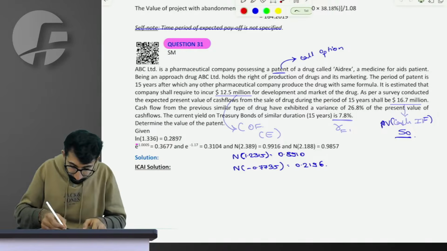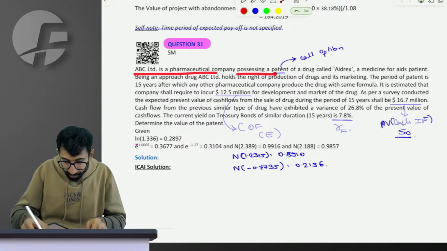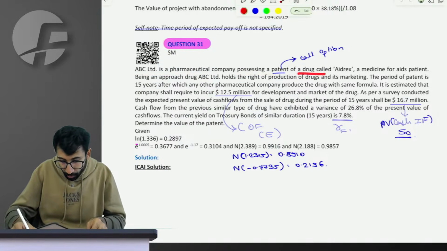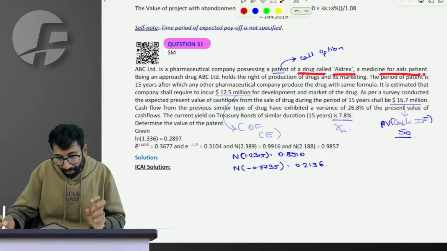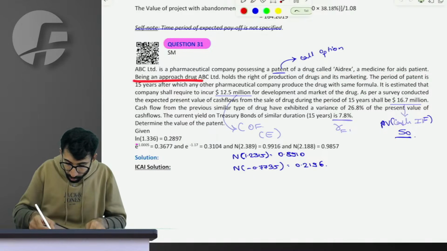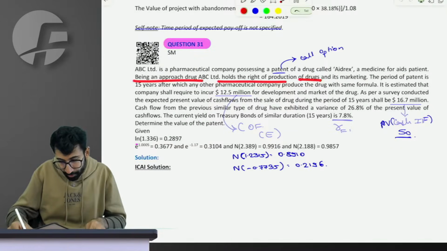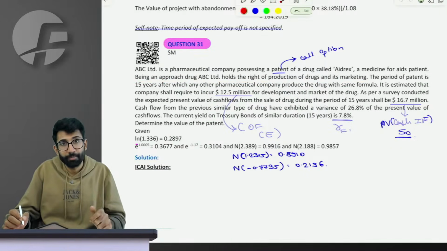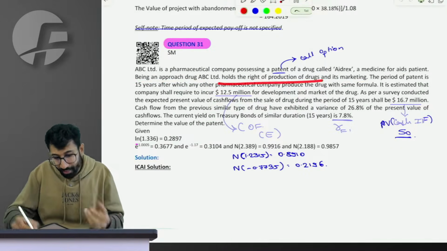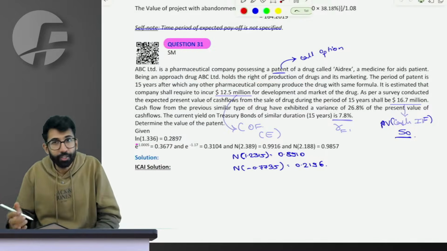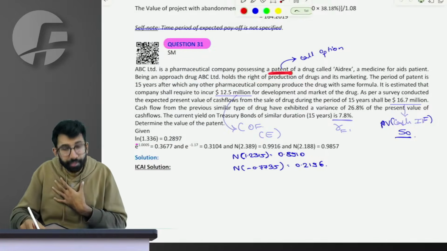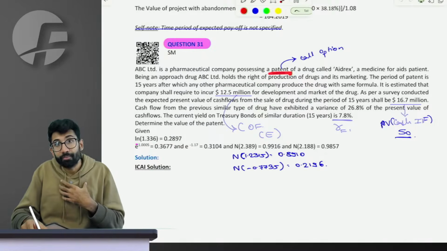So come on. ABC Pharma Company possesses a patent right of a drug called Adrex, a medicine for AIDS patients. Being an approved drug, ABC holds the right to produce the drug and market it. So please understand what's happening. I'll have to make the context clear, else it's difficult to grasp. I have a patent, which means only I can manufacture it.